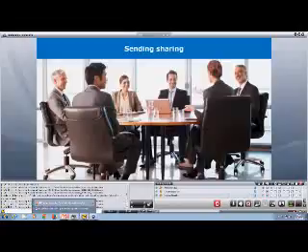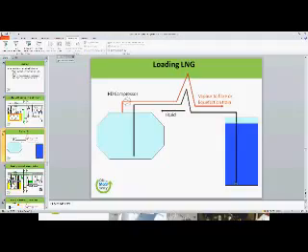Yeah, this is the pump, the strainer at the bottom, the inducer here. The job of the inducer is to give the liquid to the impeller itself.